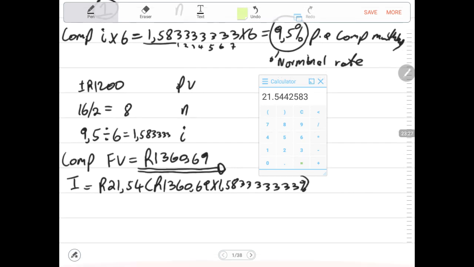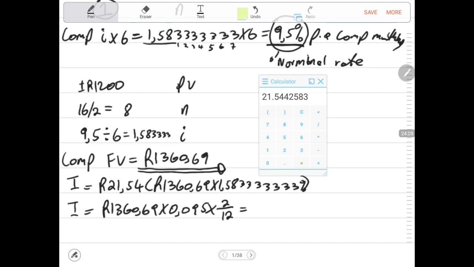Let us verify using the simple interest way of calculating I. Your I will be equal to P times I times N. So it will be 1,360.69 times by 9.5%. Remember, our interest for the full year is 0.095, times by, we need it for only 2 months out of the 12 months.